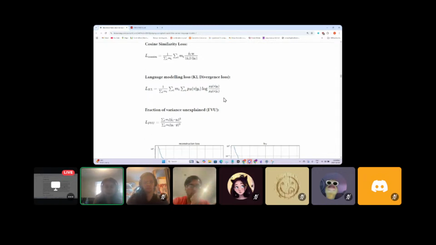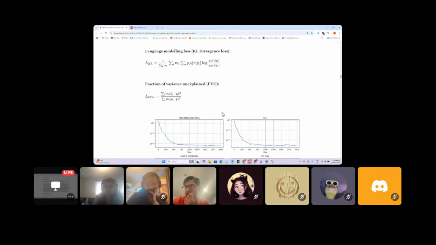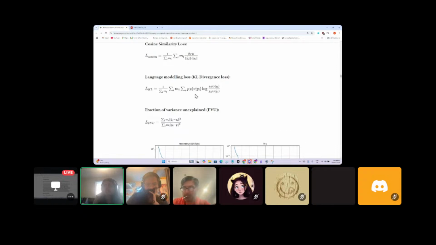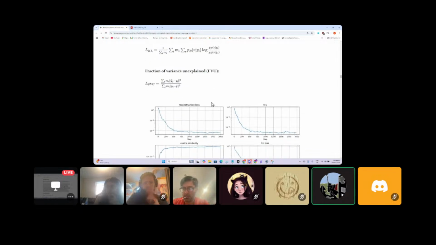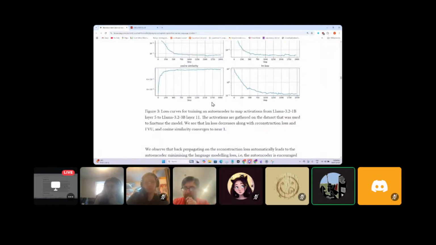Sorry for calling it LM loss. It's short for language modeling loss, but it's not on multiple tokens here. If you patch in token T, then what changes in the output logits on token T, and you just compute the KL divergence at that T position, basically.